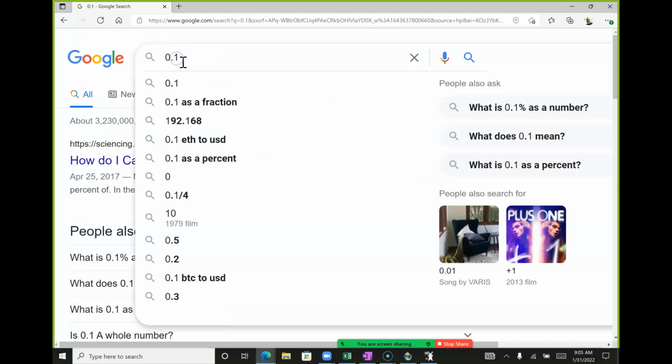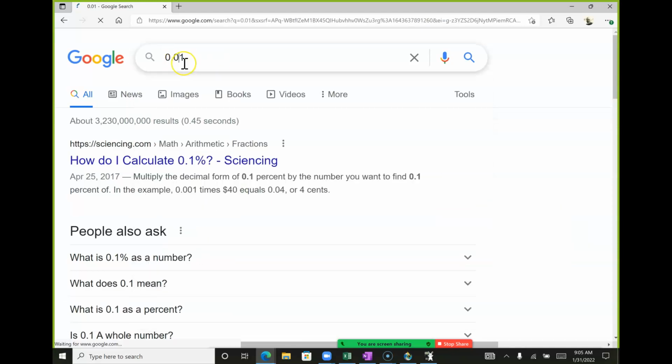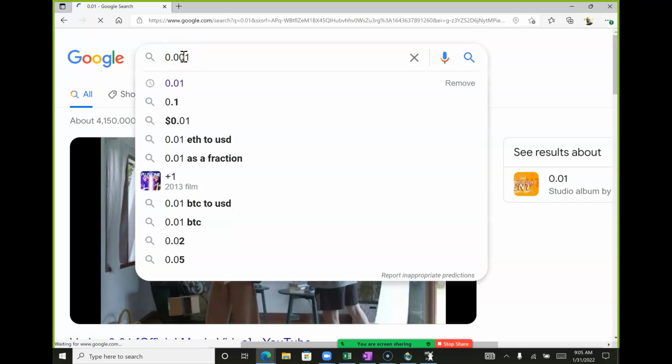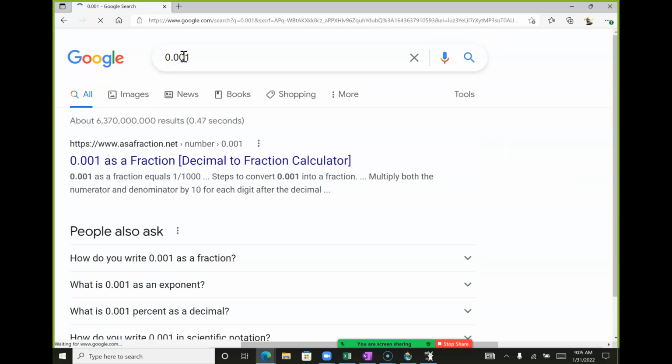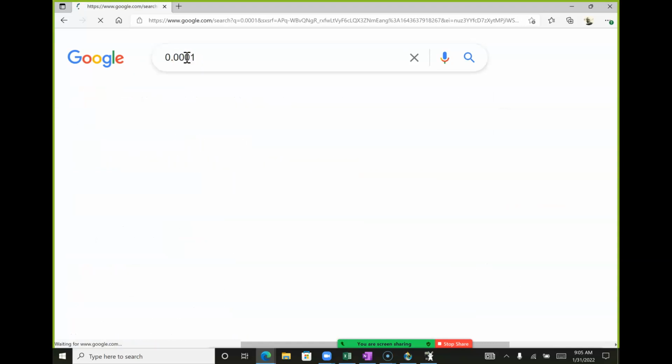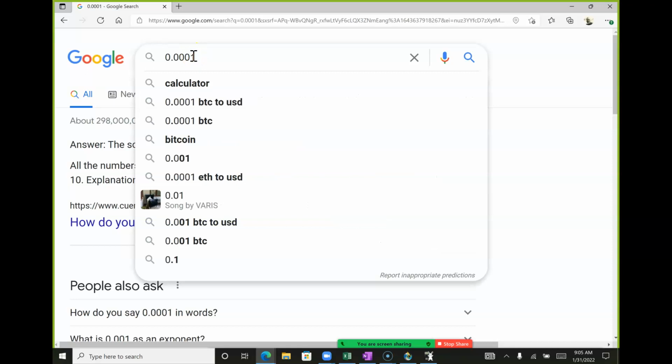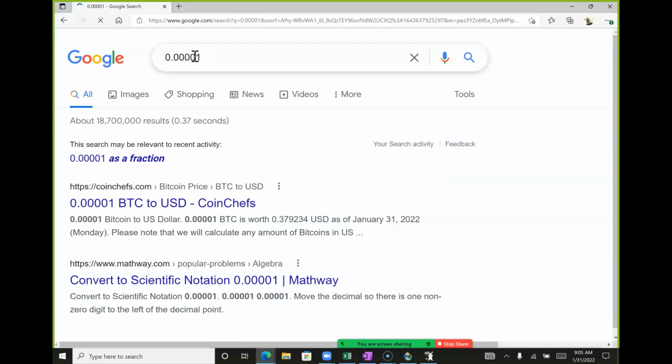Then I want to search for 0.01. I had 3 billion, now I have 4 billion. I have even more, but I don't care about oscillation early. Now 0.001, 6 billion. It's still going up, but here it's at 298 million, and you can start to see that it's going to start to go down pretty consistently. 18 million results. Are you with me?